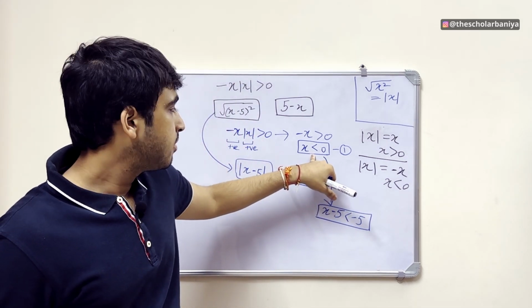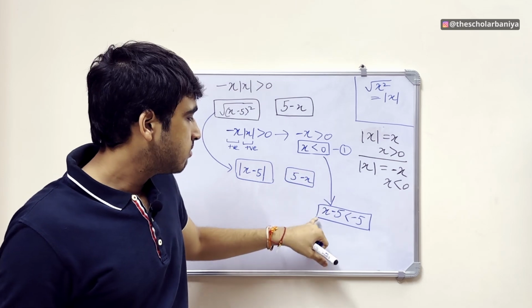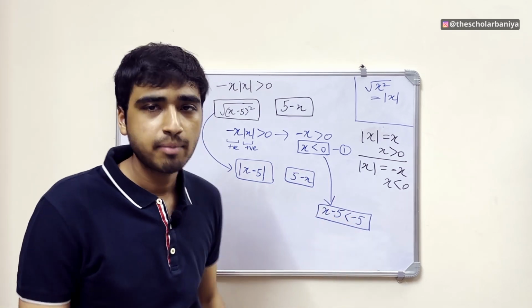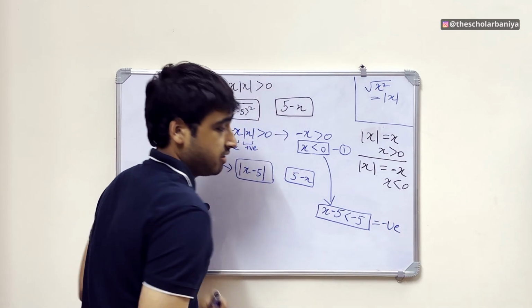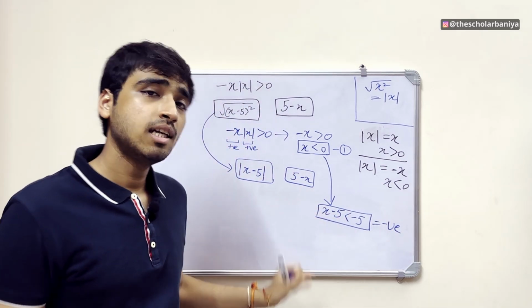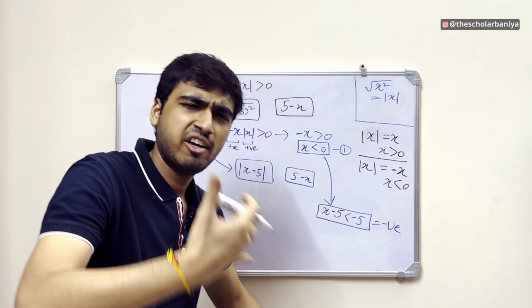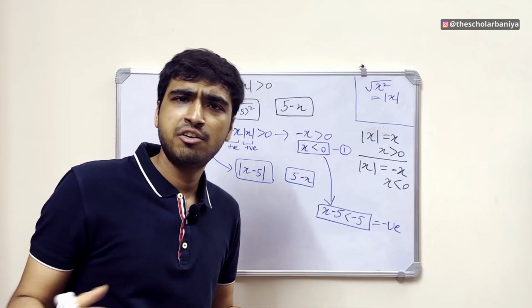We had determined that x is less than 0, so that means x minus 5 will be less than minus 5, which means negative. X minus 5 is less than minus 5, like minus 6, minus 5.5, minus 5.1, minus 100, whatever.